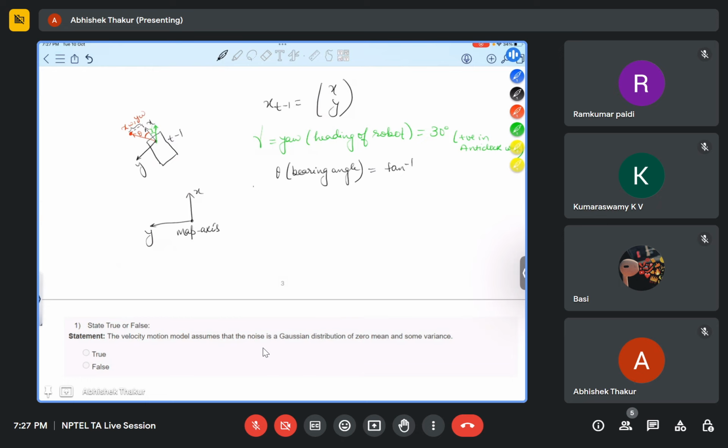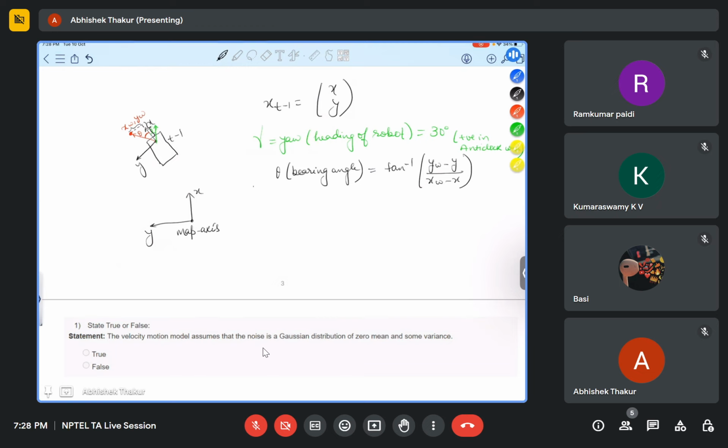This is in the y axis, so yw minus y, divided by this quantity, which is xw minus x. Now this is the bearing angle.